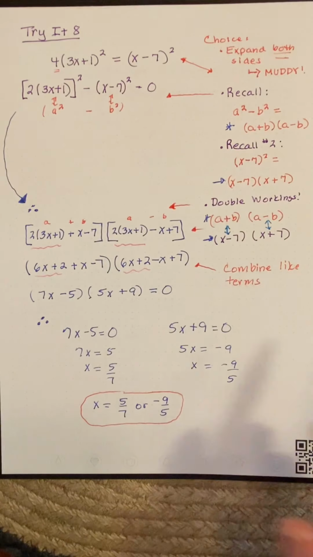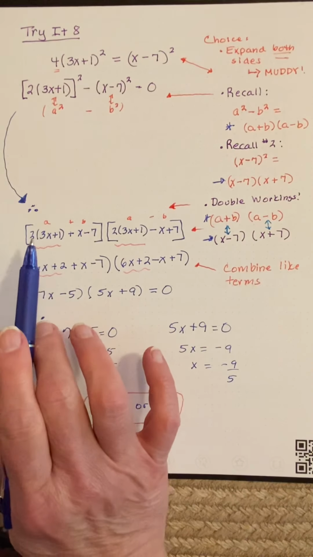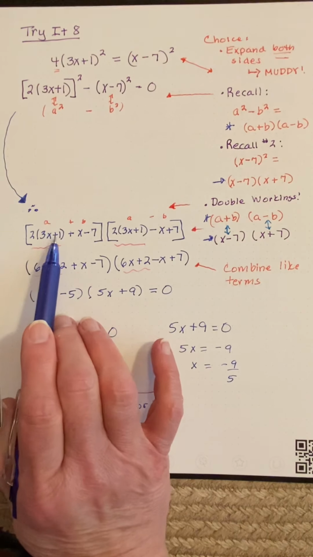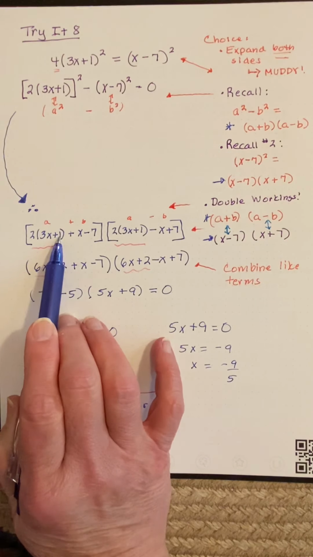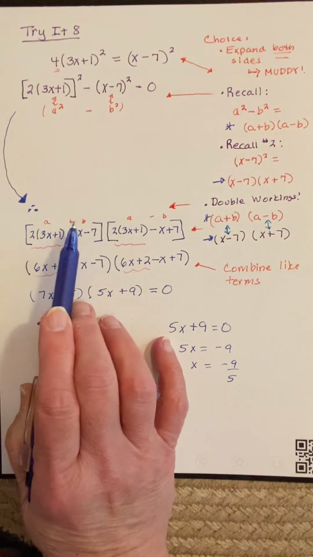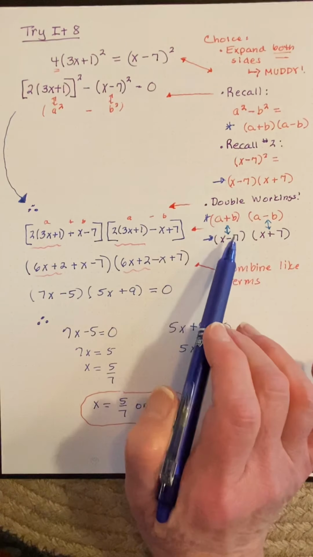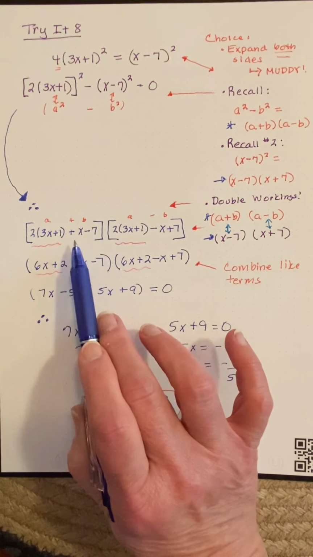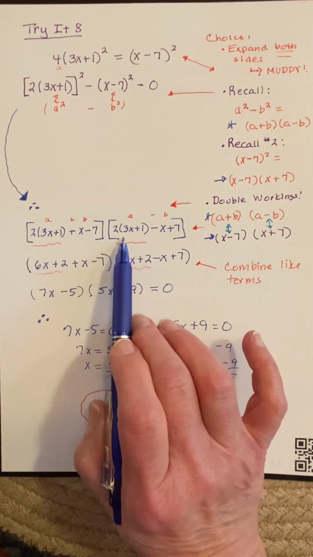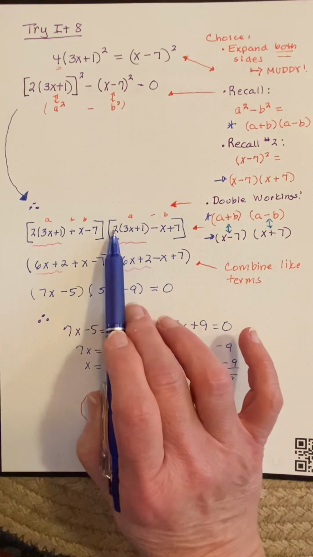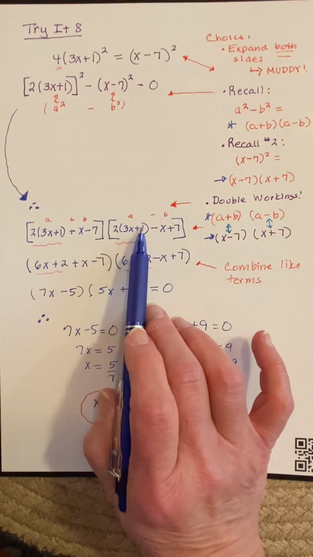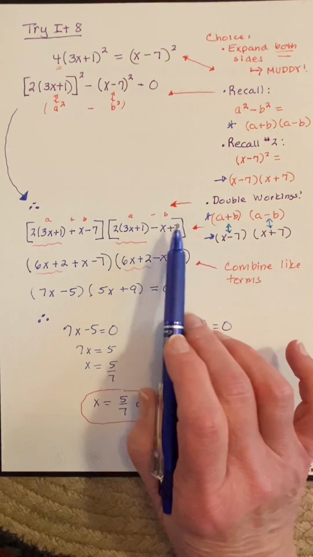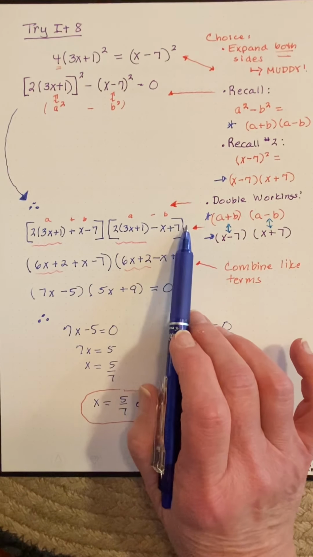Knowing all that, I can do this. I take my a, 2 times 3x plus 1, plus my b. So in this case, my b is plus x minus 7. And now I'm going to take my a, again, 2 times 3x plus 1, and minus my b, which in this case is x plus 7.